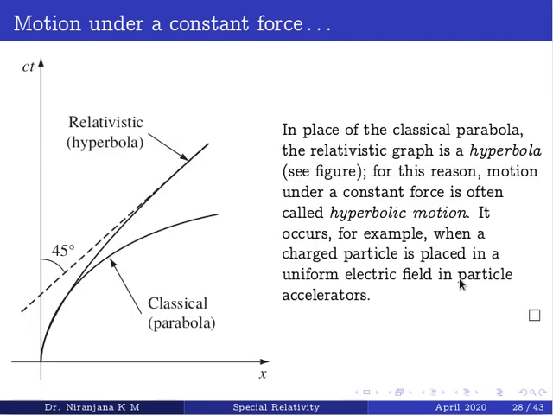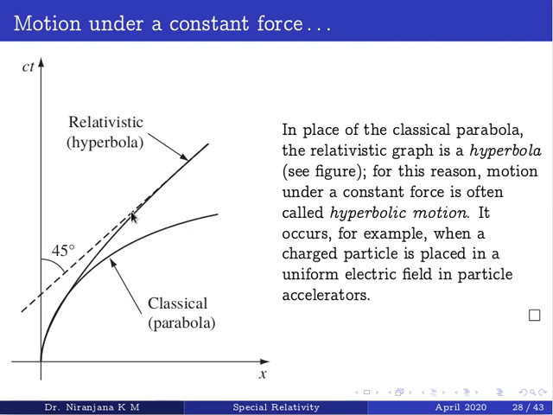So now if you use these two and try to draw the curves, the trajectories in Minkowski space-time, then this is the classical parabola and this is the relativistic hyperbola. You can see that as time t increases, this curve will tend in such a way that its slope goes on converging to the slope of the world line of light.